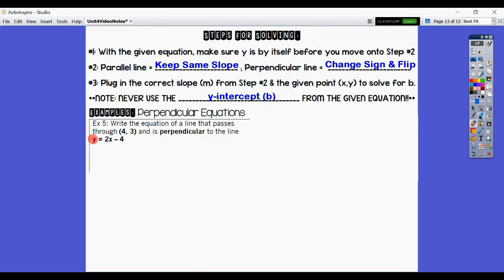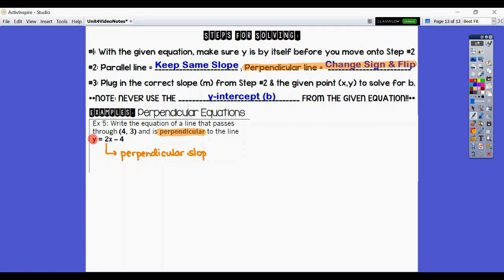step number 2. Because the equation is reading that this slope needs to be perpendicular, I have to go ahead and do the perpendicular step of changing the sign and flipping the fraction. So I take the slope on the original equation, which is 2. To make the slope perpendicular, I have to do those 2 steps here.